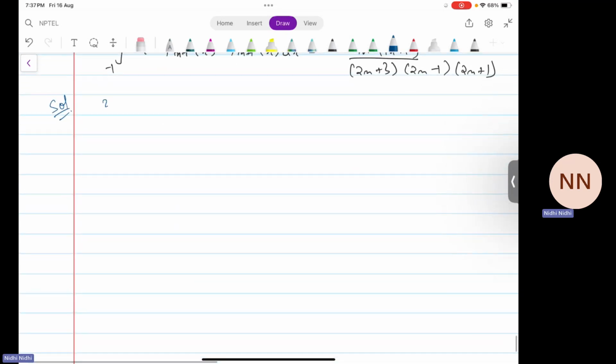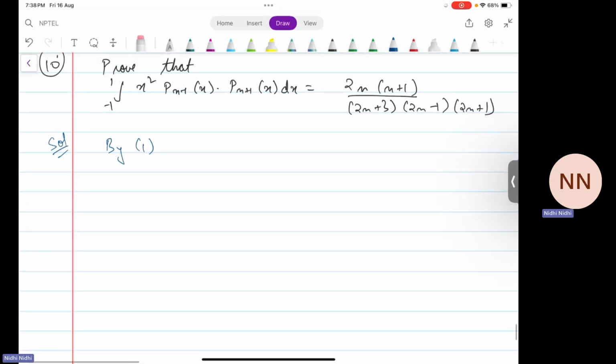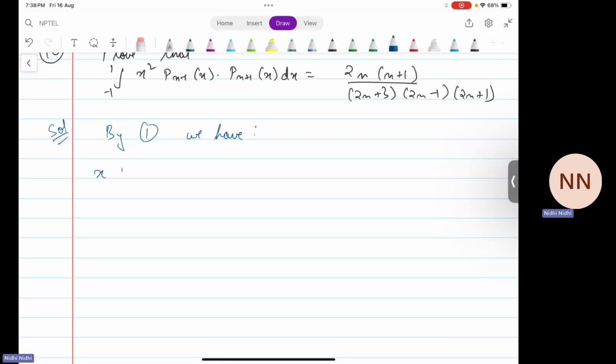Now by the first result we have x Pn-1(x) is equal to n/(2n-1) Pn(x), I'll just be replacing n by n minus 1 in result 1, plus (n-1)/(2n-1) Pn-2(x), and now I'll be replacing n by n plus 1 in result 1.